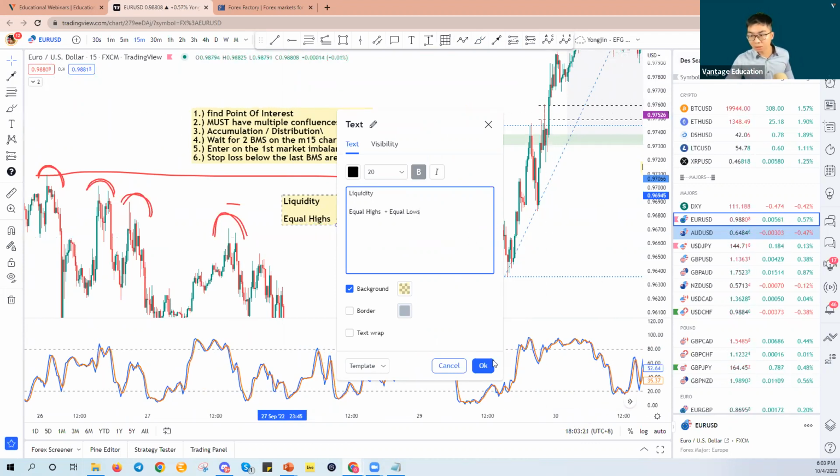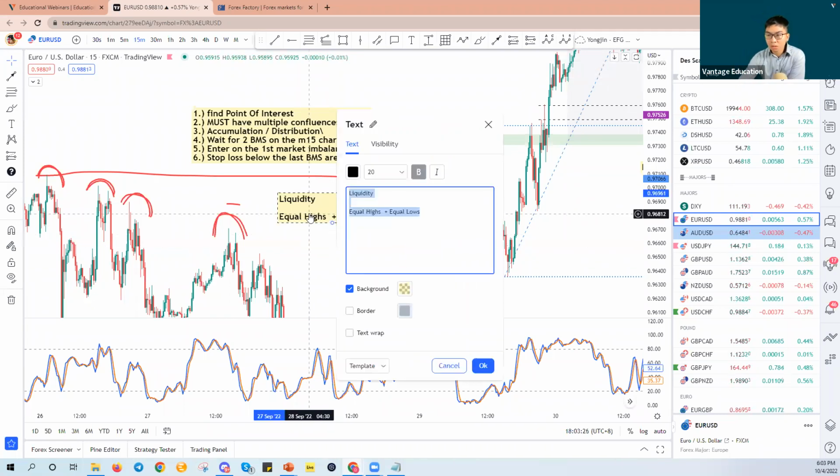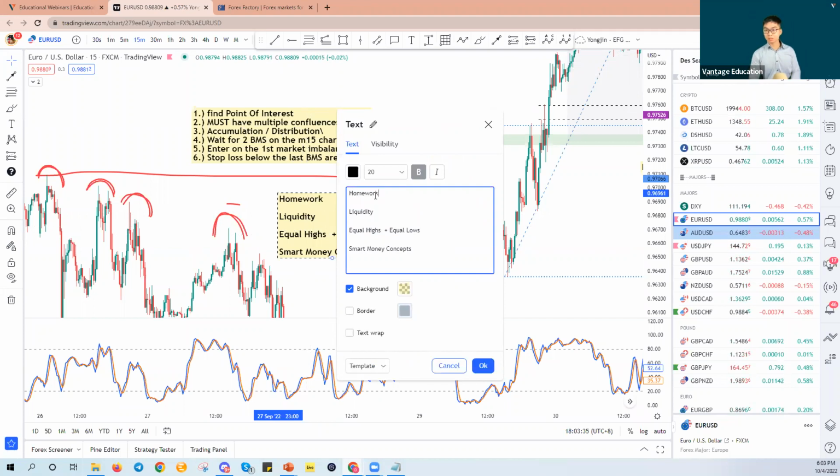I will give you guys this as research homework. Read up on liquidity, read up on smart money concepts.